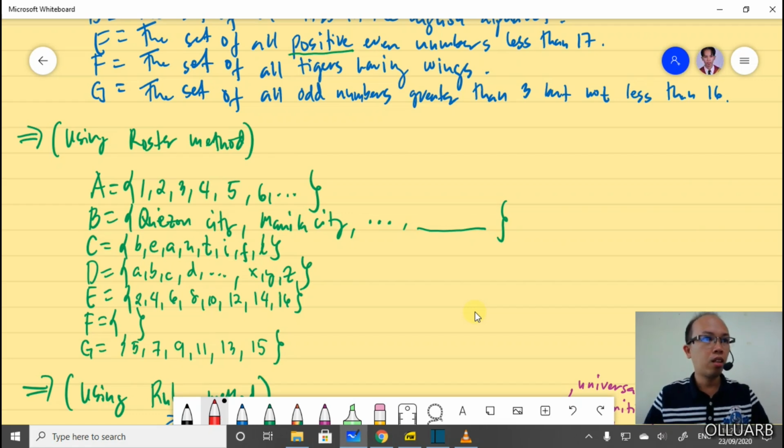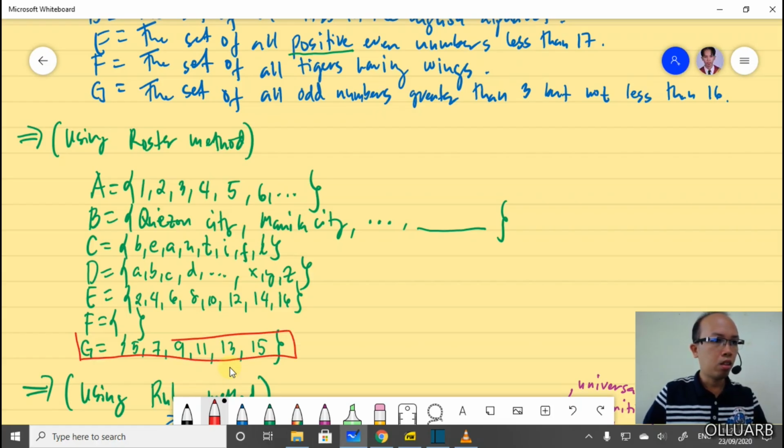Hello, I'm sorry, I have to make a correction with regards to the set G that I discussed earlier. It says here the set of all odd numbers greater than 3 but not less than 16. As you can see, when I write it in the roster method, these are the elements of the set. I acknowledge that I made a mistake.